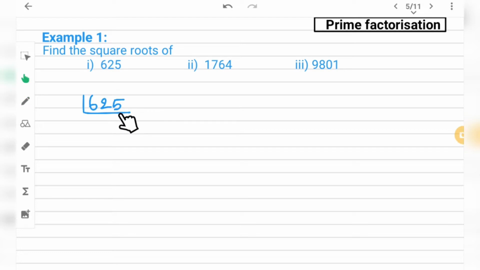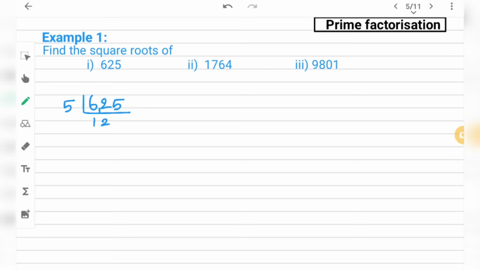If a ones place is 5, so 625 is divided by 5. In 6, how many 5s are there? 1. And there is a balance, right? So you can write the balance over here. Now 12. In 12, how many 5s are there? 2.